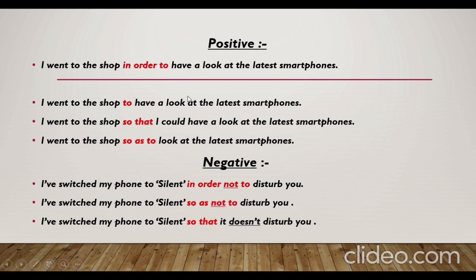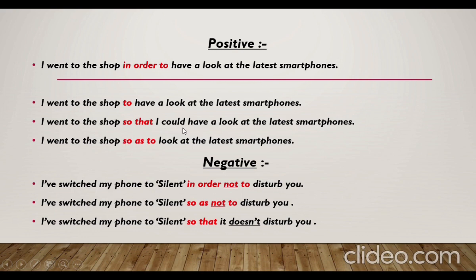After looking at these different sentences, you notice that here: in order to have, so that I could have, so as to look. After in order to, after to, after so as to, we used the infinitive of the verb. But after so that, we used a pronoun, then we used a verb.